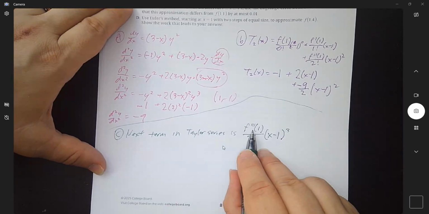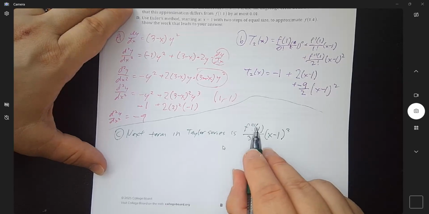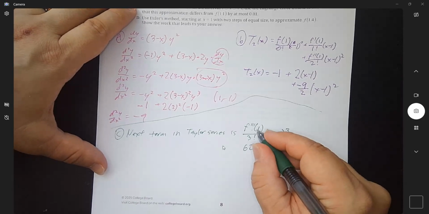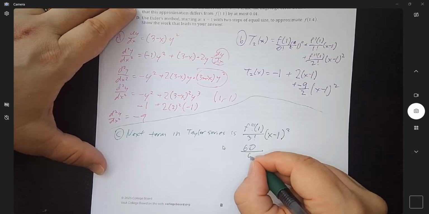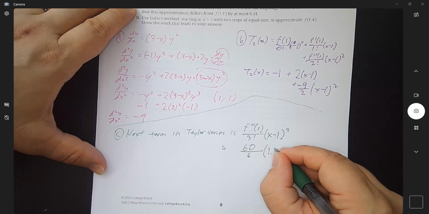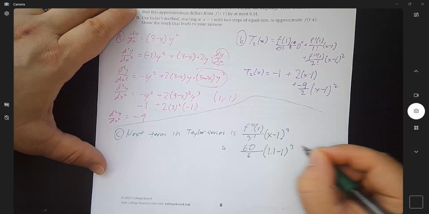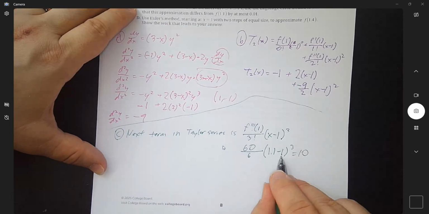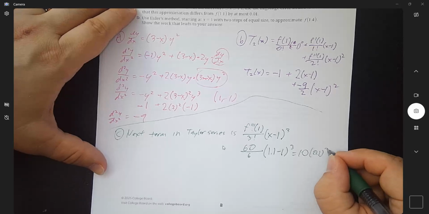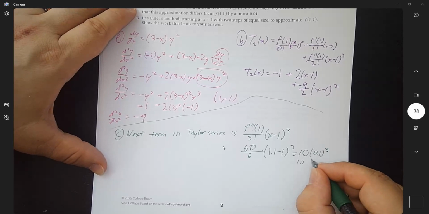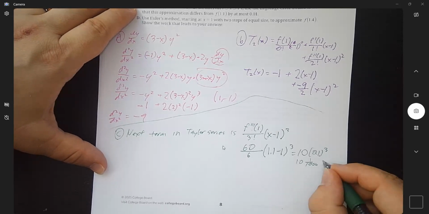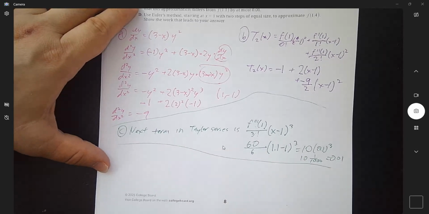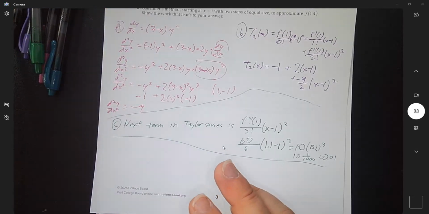We were told that this number is less than 60, so this is essentially 60 at the most. 3 factorial is 6, and this is 1.1 minus 1 cubed. So now this is 10 out in front. This is 0.1 cubed, which is 1,000th. And there's your 0.01. So that's Lagrange error bound, it's just what's the highest possible value of the next term.